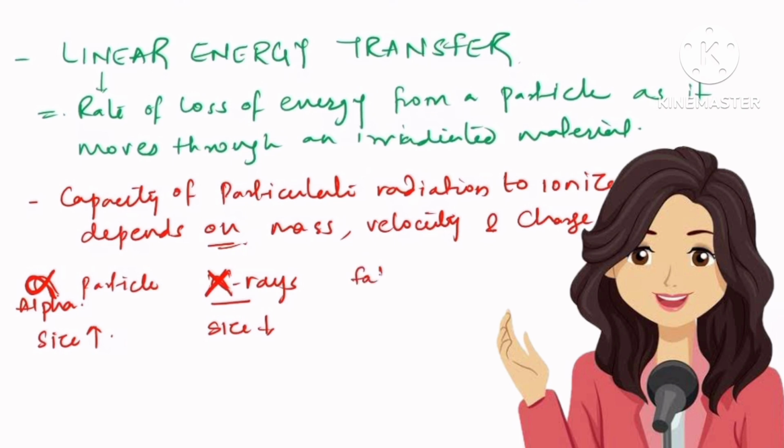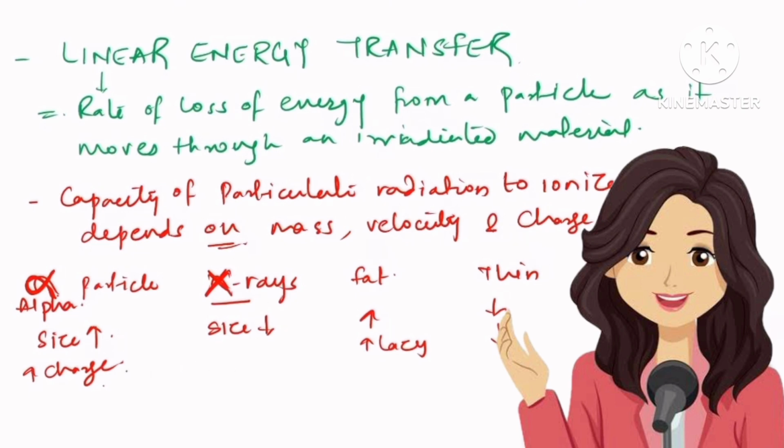Compare this with the fat and thin person: the fat person's size is greater, the thin person's size is less. So the size is greater, which means the charge is greater. Compare charge with laziness: a fat person will be lazier than a thin person. Not in every case, we are just taking an example here.